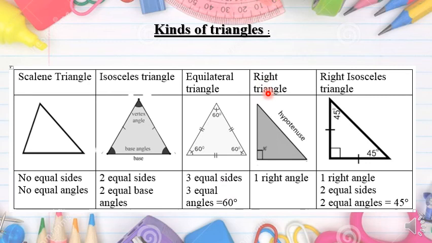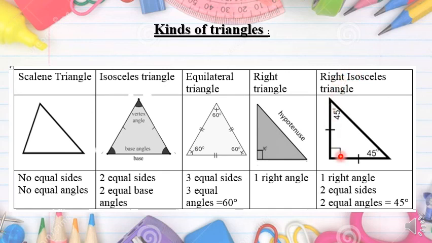Right triangle. This is a right triangle. It has one right angle and this is called the hypotenuse, the side opposite to the right angle. The longest side is the hypotenuse. The last one is the right isosceles triangle, right and isosceles.